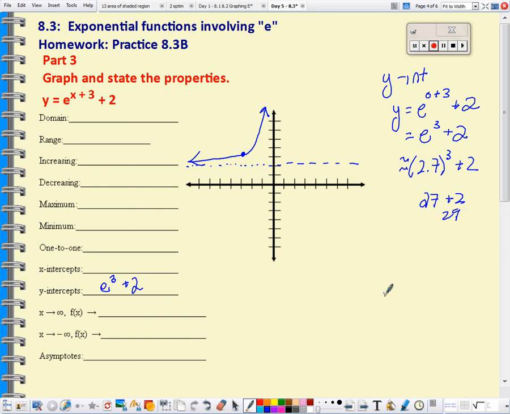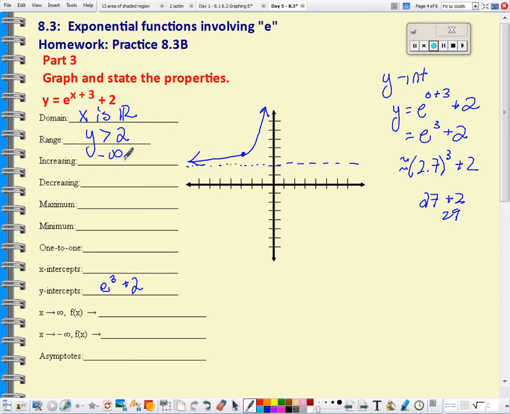Okay, let's fill in all of our properties. Domain, x is all reals. For range, we have nothing until 2, but we're not equal to 2. That's y is greater than 2. If we're walking on our graph, we're increasing everywhere.